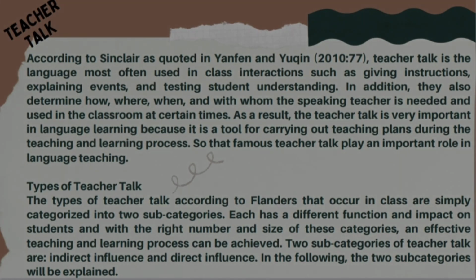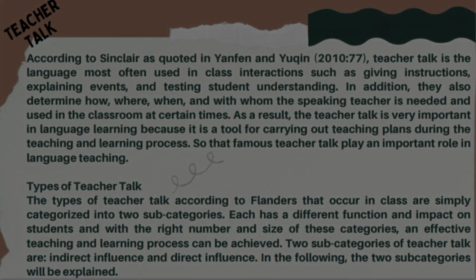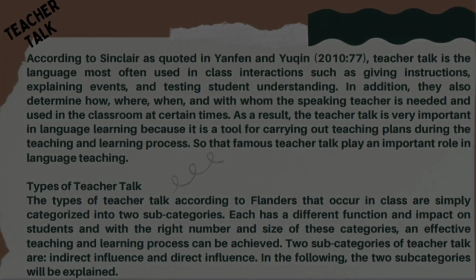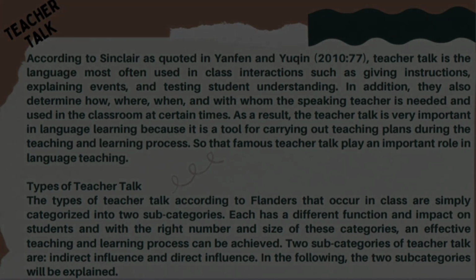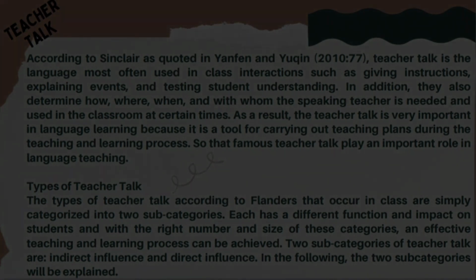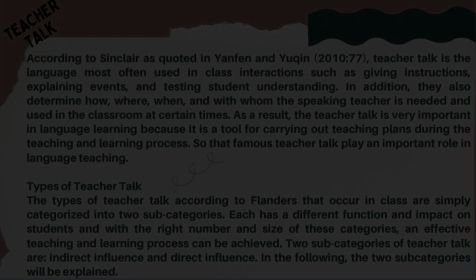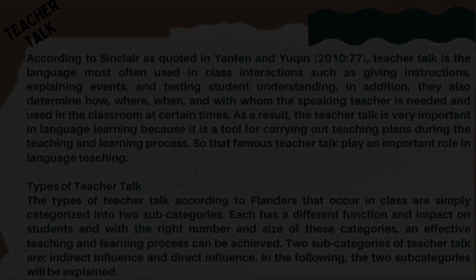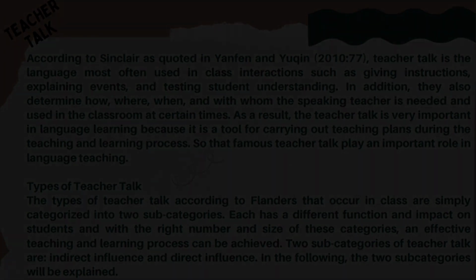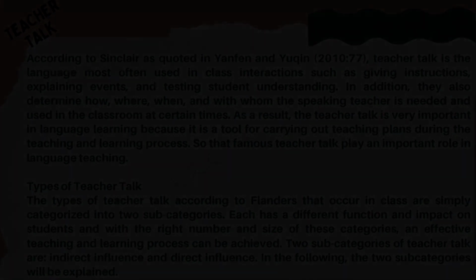Each has a different function and impact on students, and with the right number and size of these categories, an effective teaching and learning process can be achieved. The two subcategories of teacher talk are indirect influence and direct influence. In the following, the two subcategories will be explained.